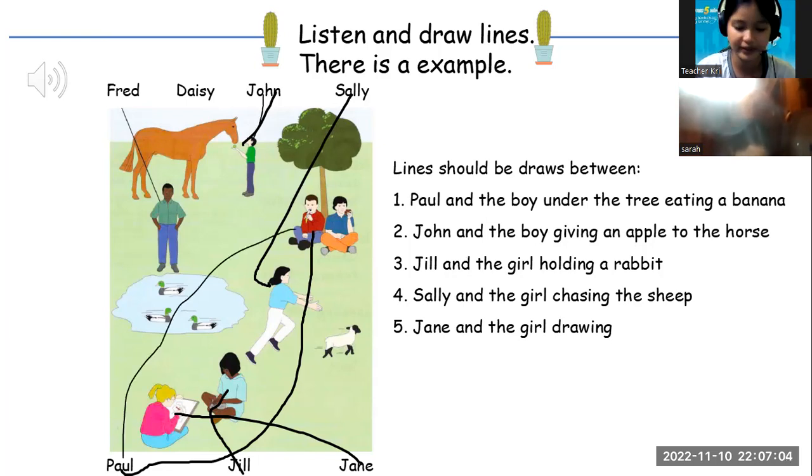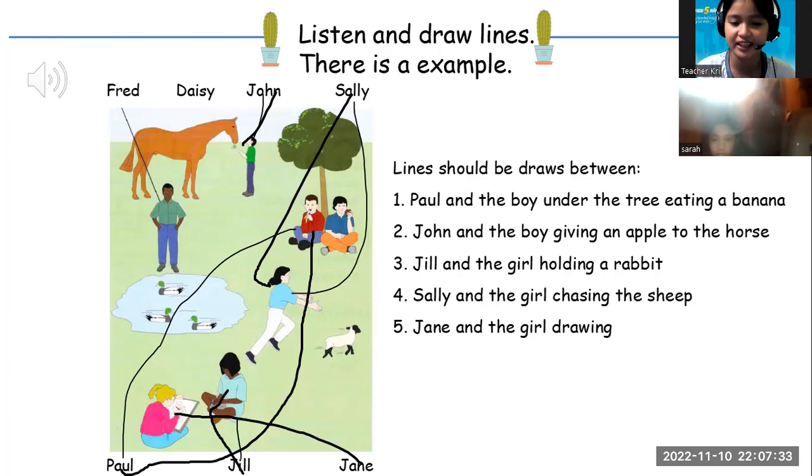And number 3. For number 3, Jill and the girl holding a rabbit. Okay, so Jill is the girl holding a rabbit. And for number 4, Sally is the girl who is chasing the sheep.